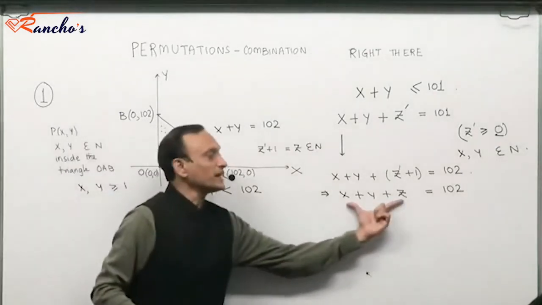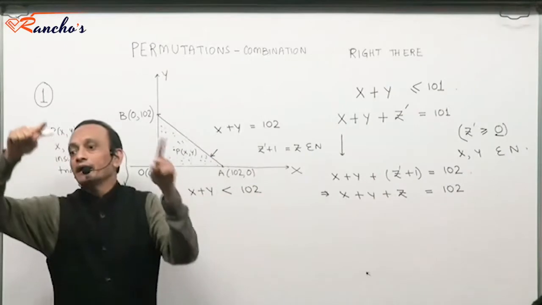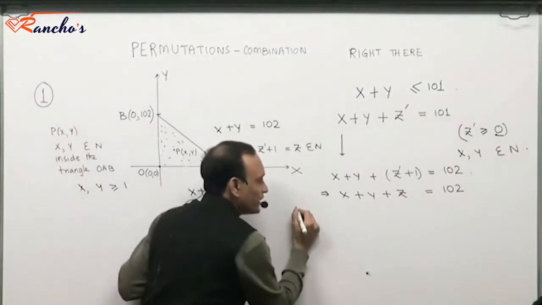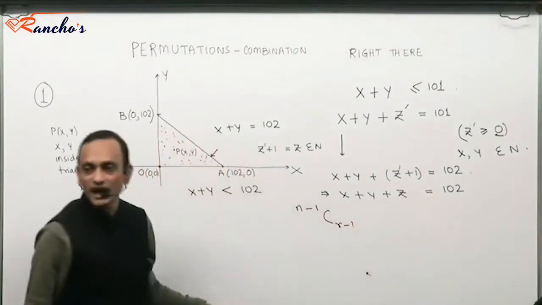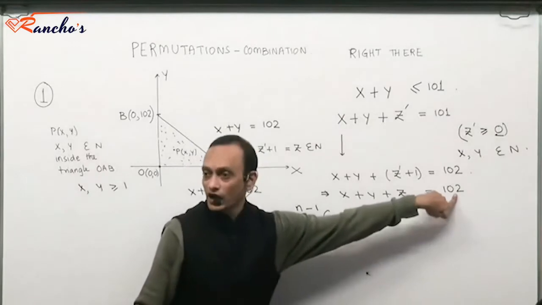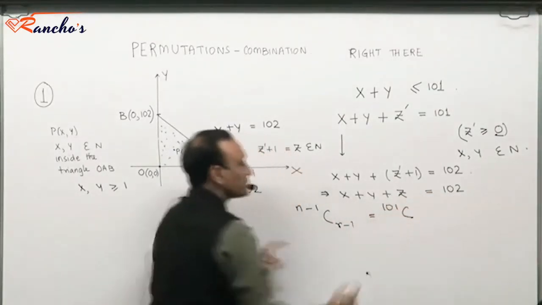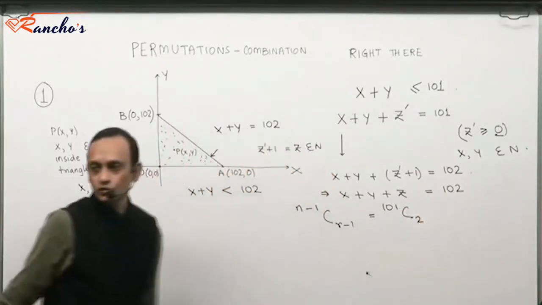So what am I seeking? Number of natural number solutions to this equation. That's given by n minus 1 c r minus 1, right? The number of natural number solutions, if you recall, is given by n minus 1 c r minus 1. What is n in this case? 102. So that's going to be 101 c. R is 3, so 2. 101 c2.